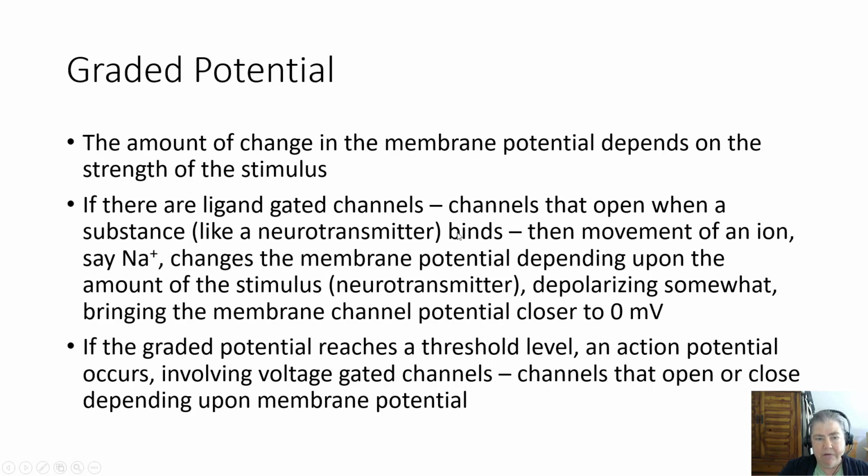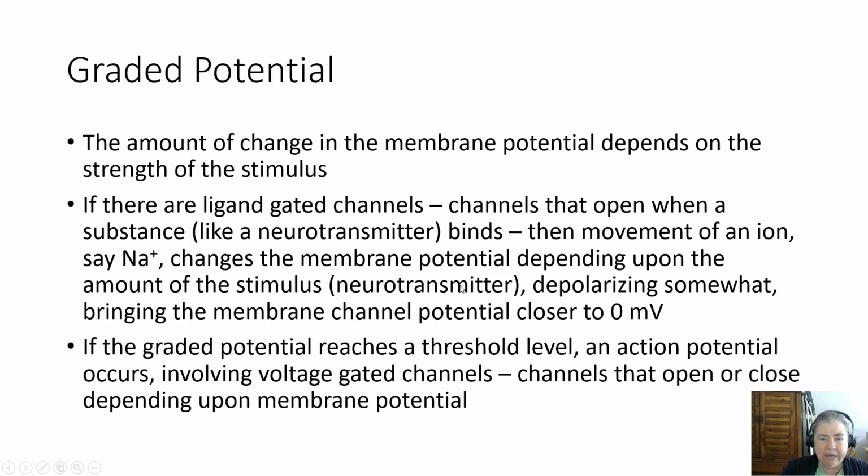It could be a neurotransmitter like acetylcholine. When that channel opens because of binding of acetylcholine, an ion moves, and here we're going to say sodium, that changes the membrane potential depending upon the amount of the stimulus.